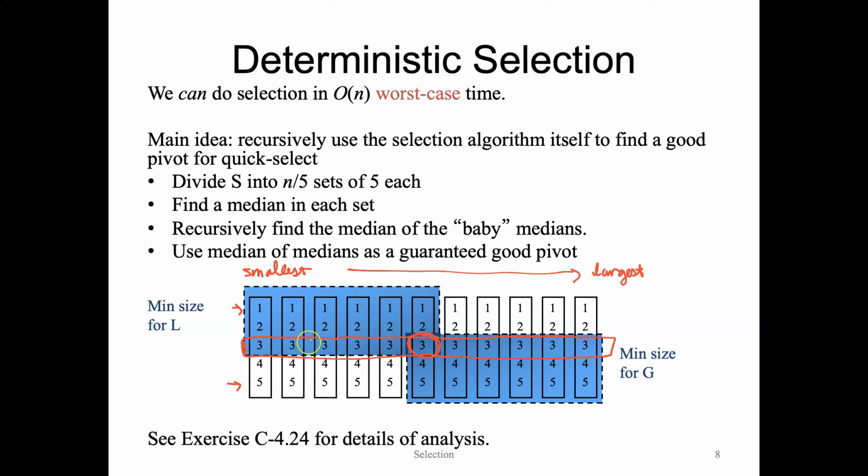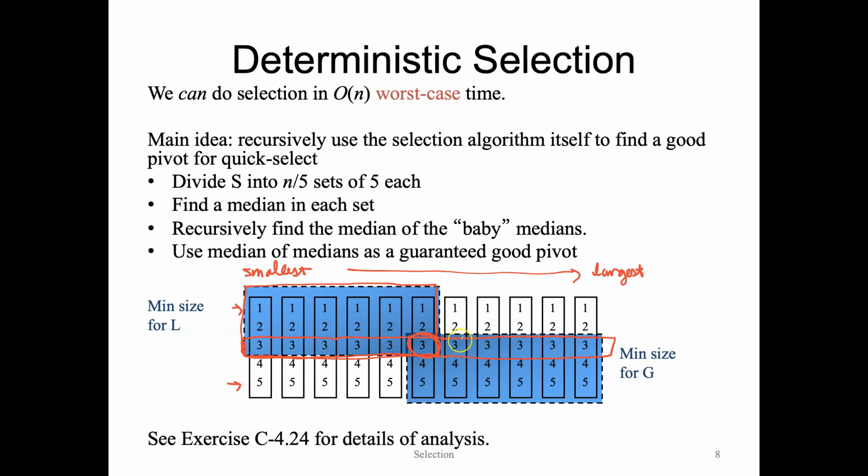And in fact, everything in this kind of upper left quadrant is less than or equal to this pivot, since this pivot here is less than it, and all of these items are less than this pivot, then we can say everything in this upper left quadrant is less than or equal to the pivot that we end up with, this median of medians.